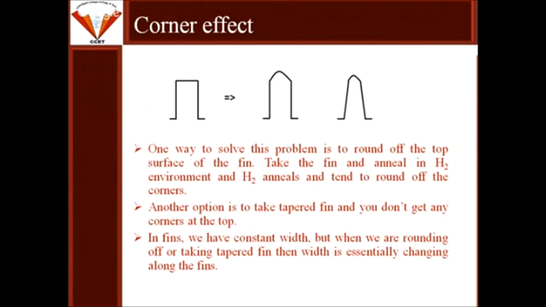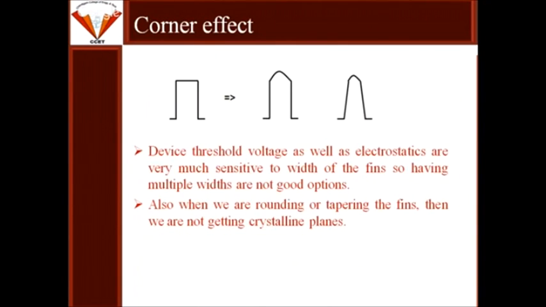Because of that, what will happen? The width is also changing along the fin, and that is also going to pose a problem, because the threshold voltage of the device as well as some other parameters depend upon this width parameter. If the width is constantly changing along the height of the fin, obviously that creates a problem.